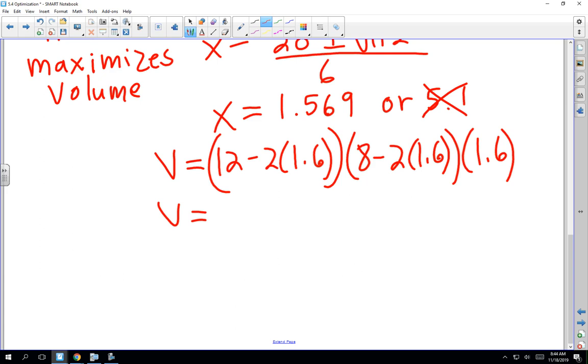So 1.569, the calculator would have done it for us. Second, calculate max. Remember that feature. With calculus, we've got it pretty accurately here to 3 decimal places, 1.569. And then the volume that it gives us when we plug that in, anybody have that?